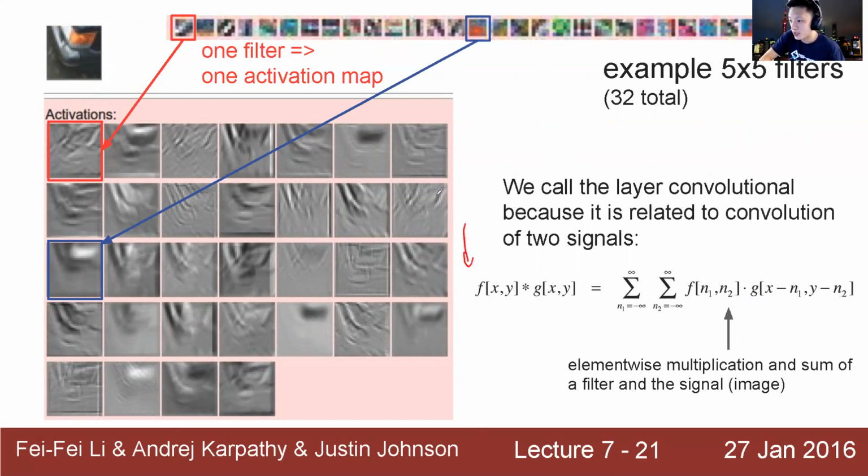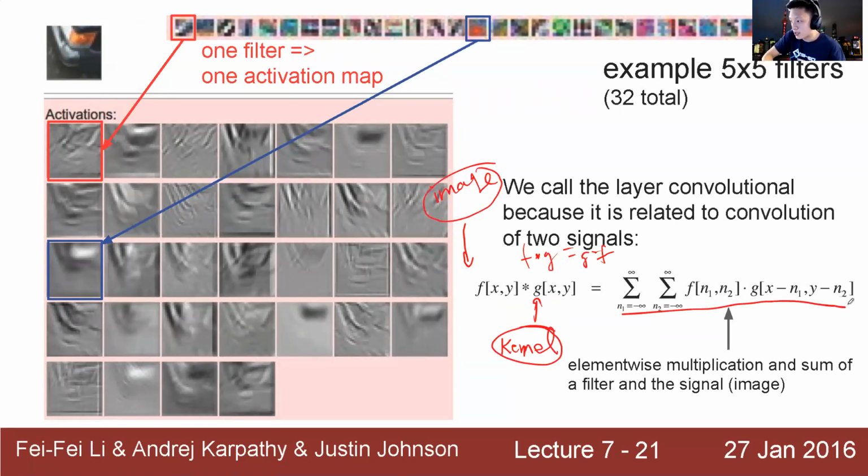Your F might be the image and your G might be the kernel. It doesn't actually matter because convolution is commutative, which means that F convolved with G is equal to G convolved with F. So you can convolve your image with your kernel. This is the math that we were talking about.